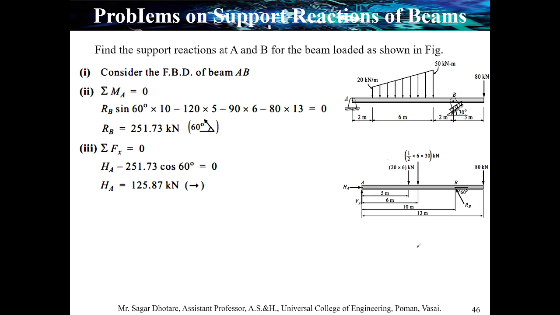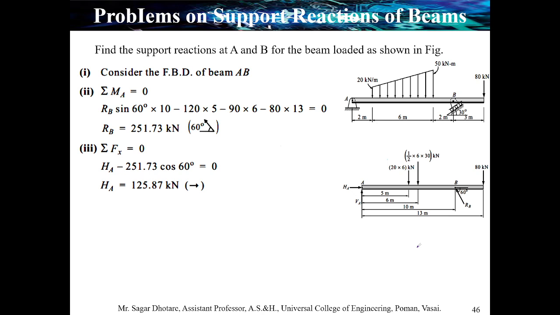HA, the horizontal component, is acting in inward direction towards A, so it's negative. So that is 251.73 cos of 60.